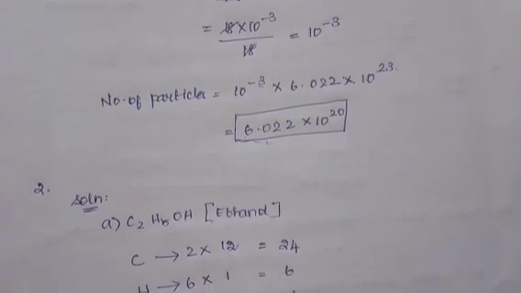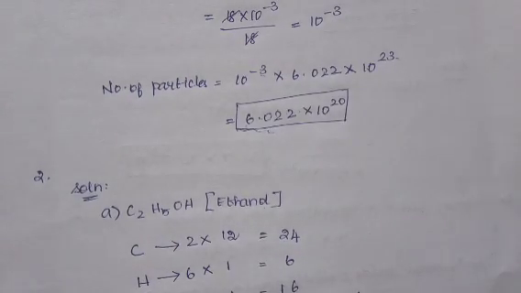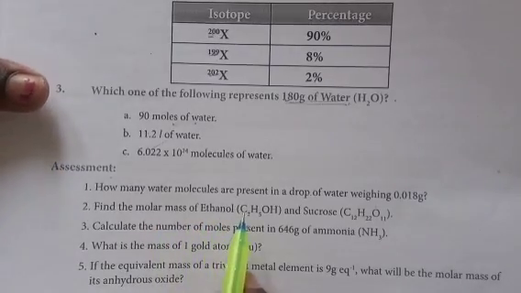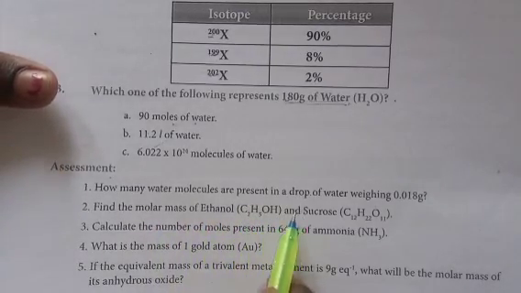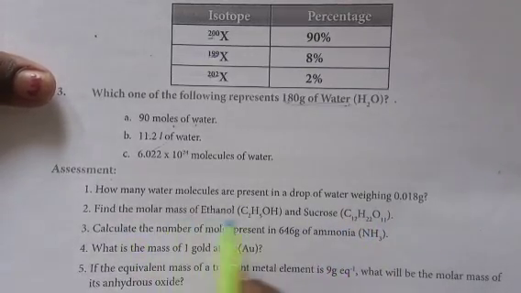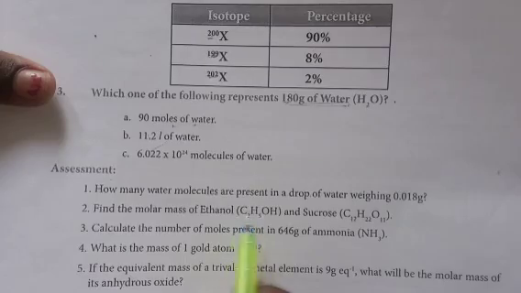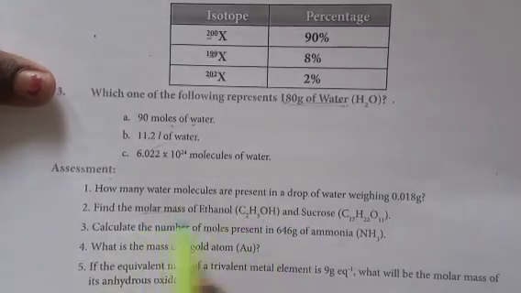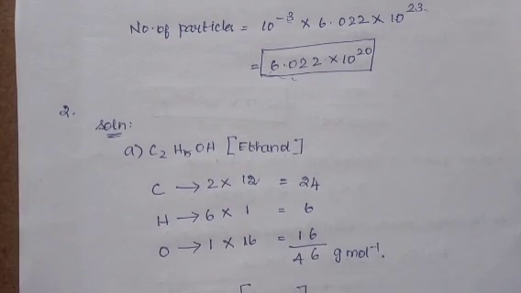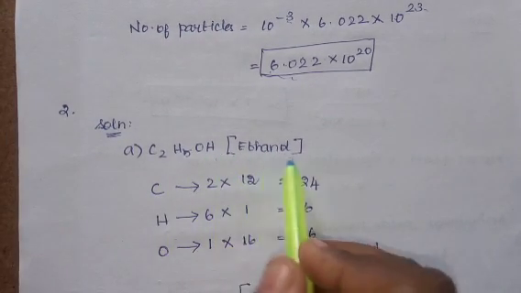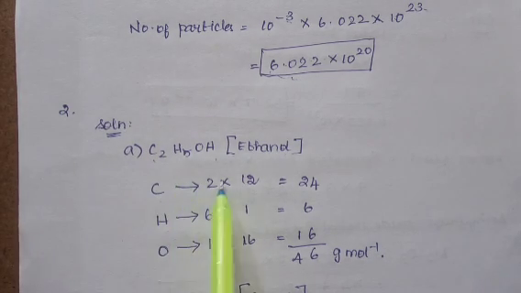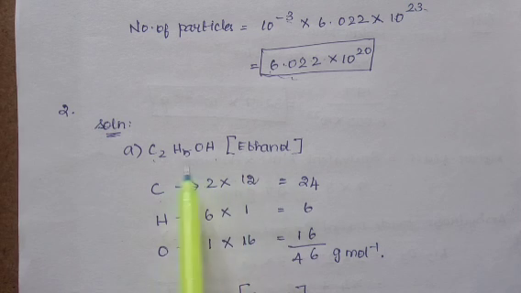Next, the second one. Find the molar mass of ethanol, C2H5OH, and sucrose, C12H22O11. So first, find the molar mass of ethanol, C2H5OH. How many moles are here? 2 into 12.